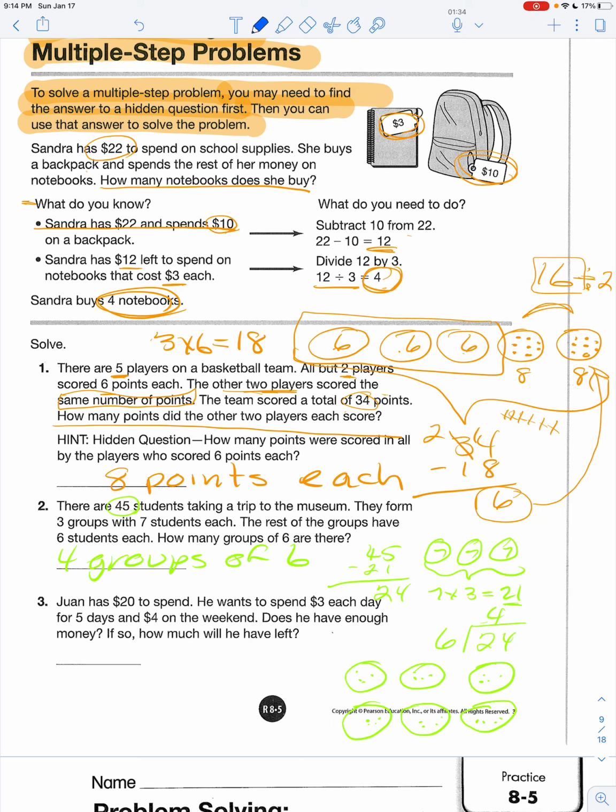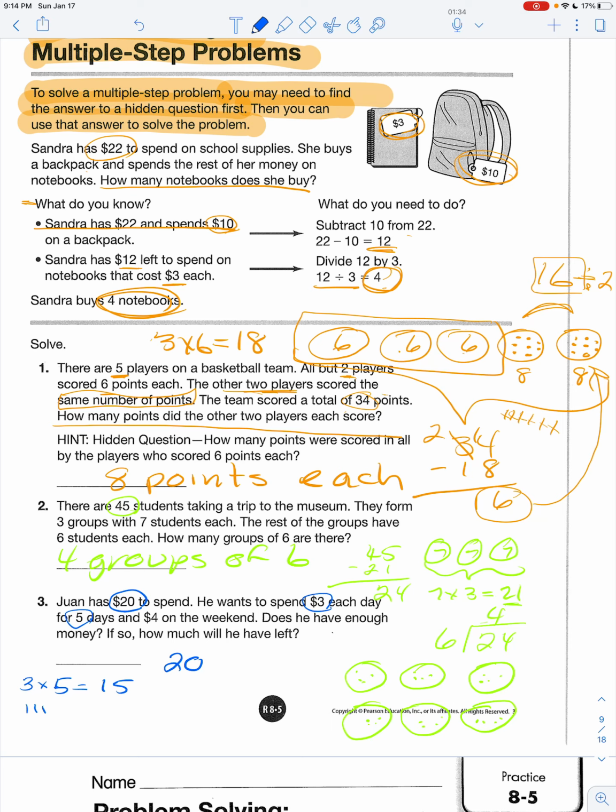Well, let's start over and take a look at it. Juan has $20 to spend. So he has 20. I'm going to put that right here, 20. He wants to spend $3 each day for 5 days. Okay, so I know that $3 times 5 equals 3 times 5. So 5, 10, 15.